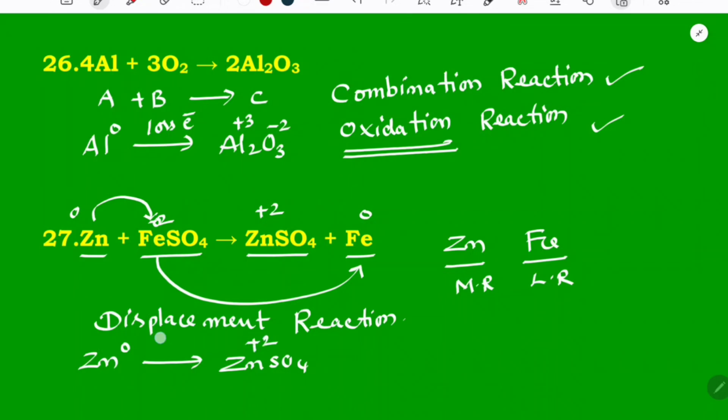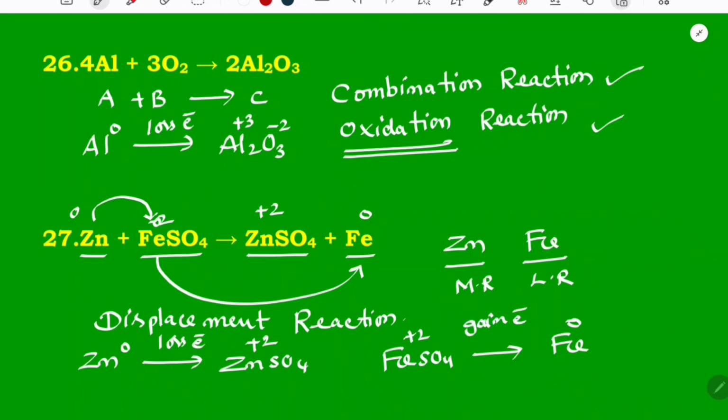Plus 2 means what takes place? Loss of electrons takes place. Then ferrous sulfate to what is formed here? Iron. So here iron goes from plus 2 to 0. Plus 2 to 0 means what happens? Gaining of electrons takes place.